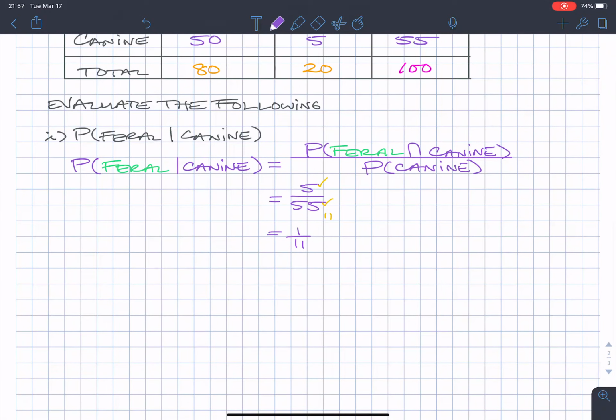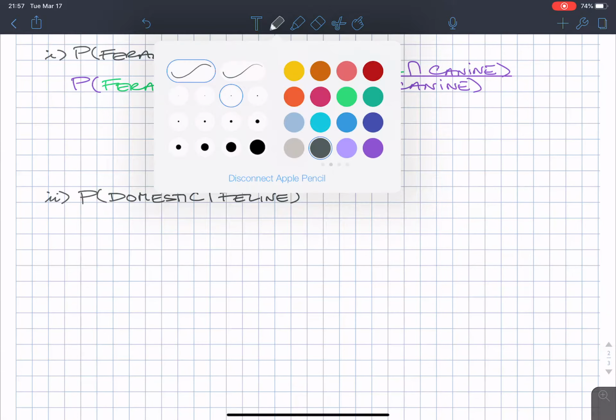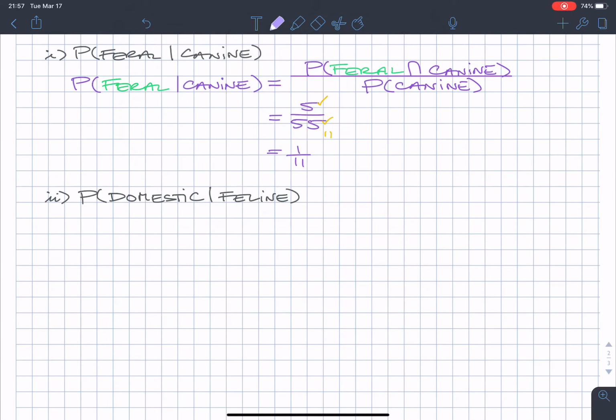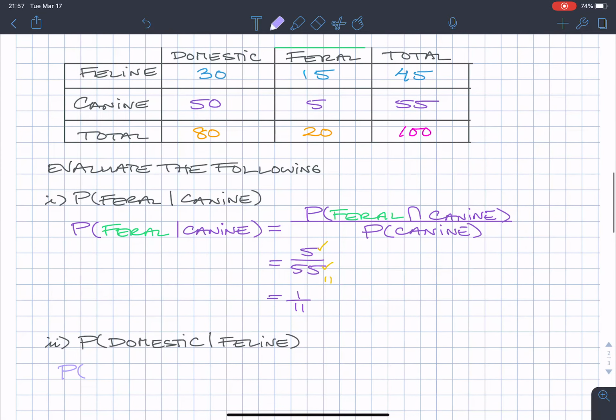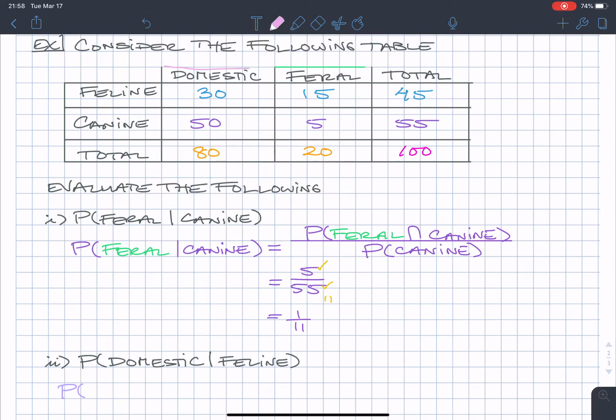Okay, so let's do this again. Number 2, let's find the probability of being domestic given that you're feline. Let me do this in a different color. Let's do domestic in pink.